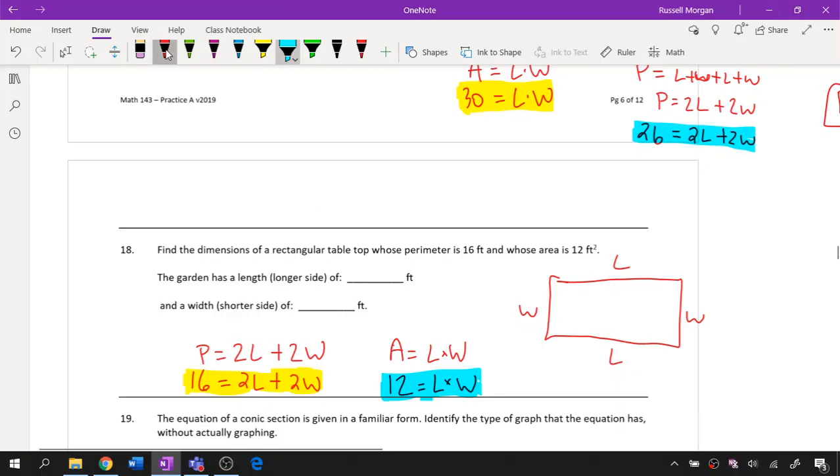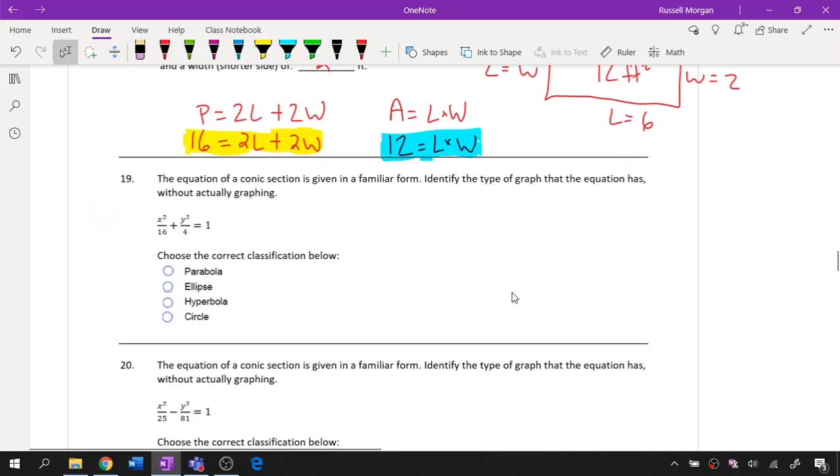Remember that the width is going to be the smaller one, so that'll be 2, and the length will be 6. And of course, if you multiply those, 2 times 6 is 12 feet squared for the area in the middle. And if you add 6 plus 2 plus 6 plus 2, well, 6 plus 6 is 12. 2 more and 2 more makes the 16 total. So there we go. The length was 6 and the width was 2.